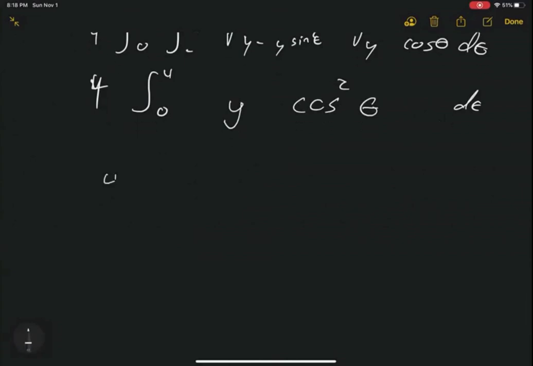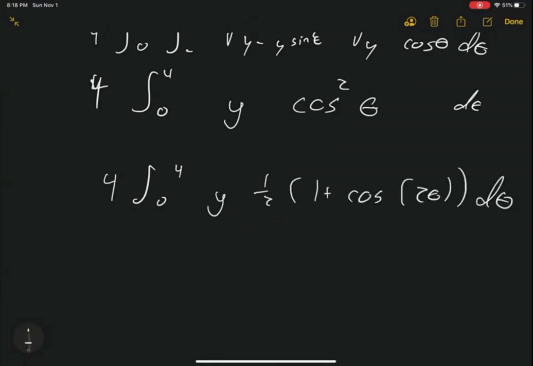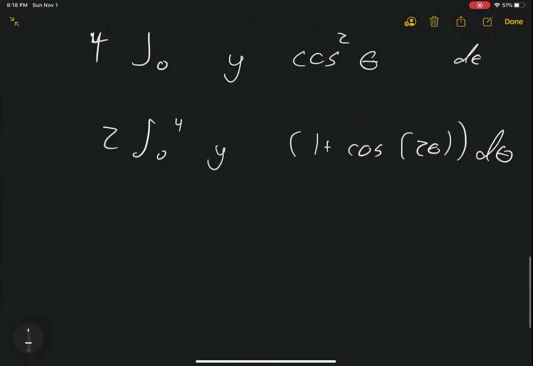Integrating cosine squared is hard, so I use that double angle identity: 1/2 times 1 plus cosine 2 theta. Okay, bring the 1/2 outside. With the 4, it becomes 2. Now I can integrate this.